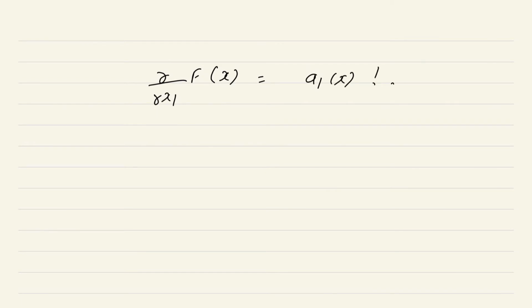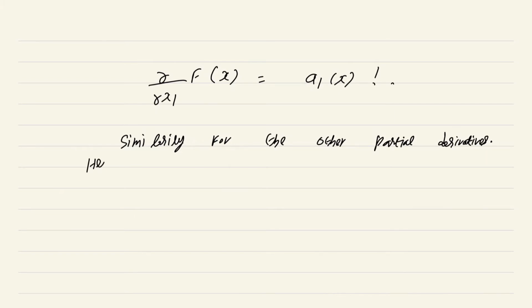Okay, similarly for the other partial derivatives. Hence f is C1 smooth on U and df is omega. So this concludes the proof of the fact that whenever you have independence of path, then you have a potential function, or a function whose differential is this form.